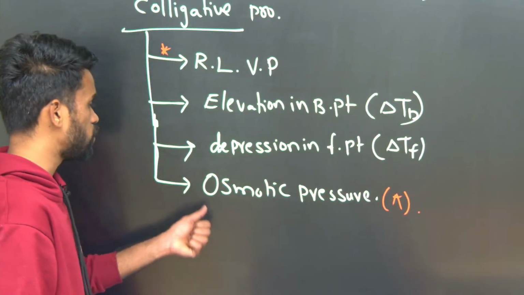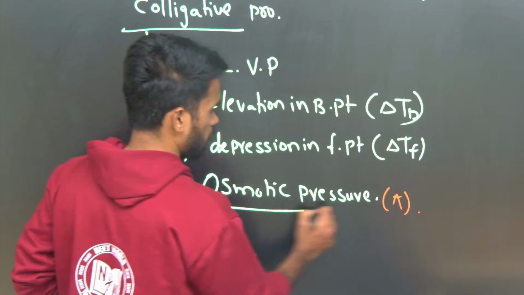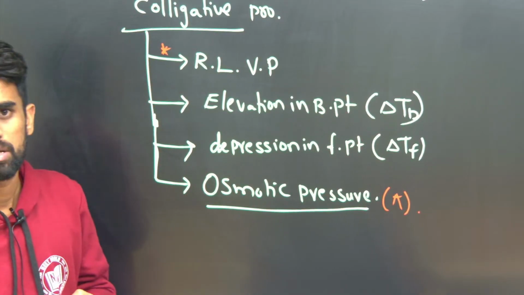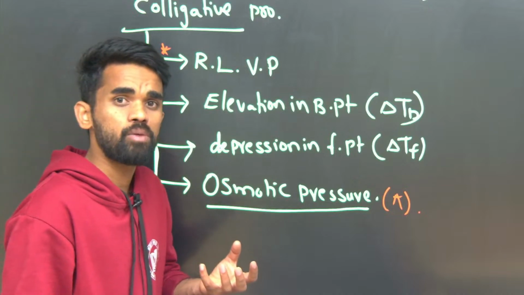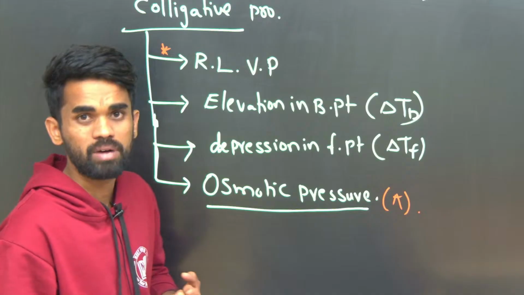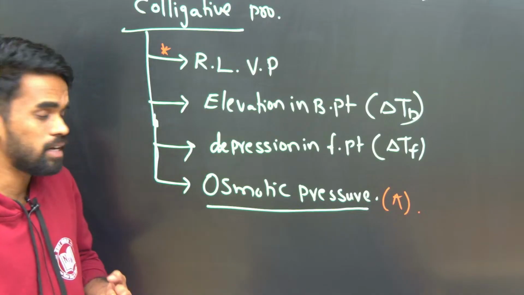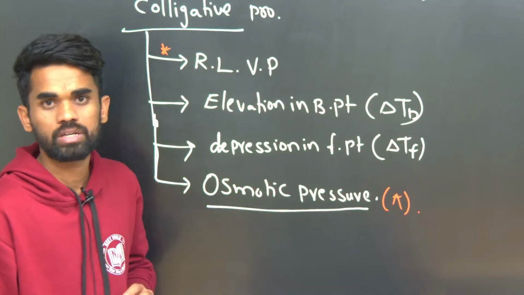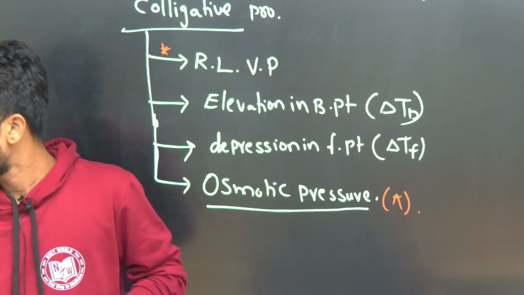We can use osmotic pressure for measuring their molar masses. If they give one unknown biomolecule or biopolymer and ask us to find its molar mass, we can find that using a technique called osmometry, that is osmotic pressure only, or osmosis.